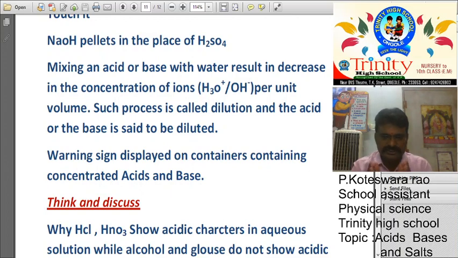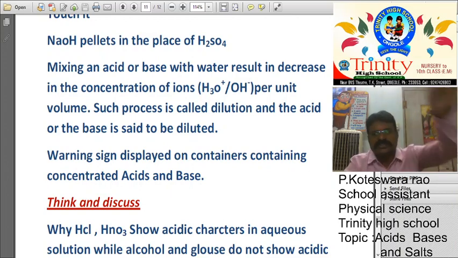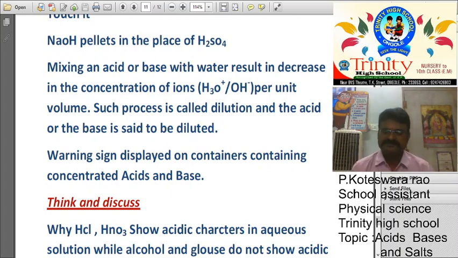So which method is correct here? Acid added to water, or water added to acid or base? Water added to base or acid is wrong. Acid or base added to water is correct.